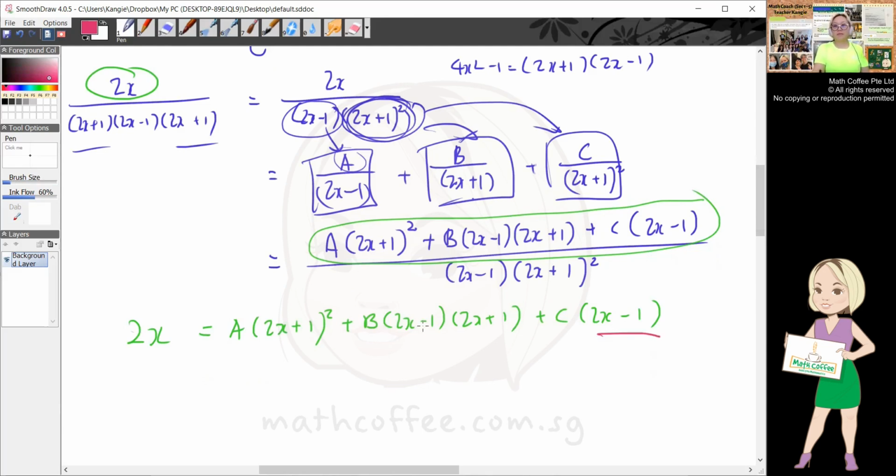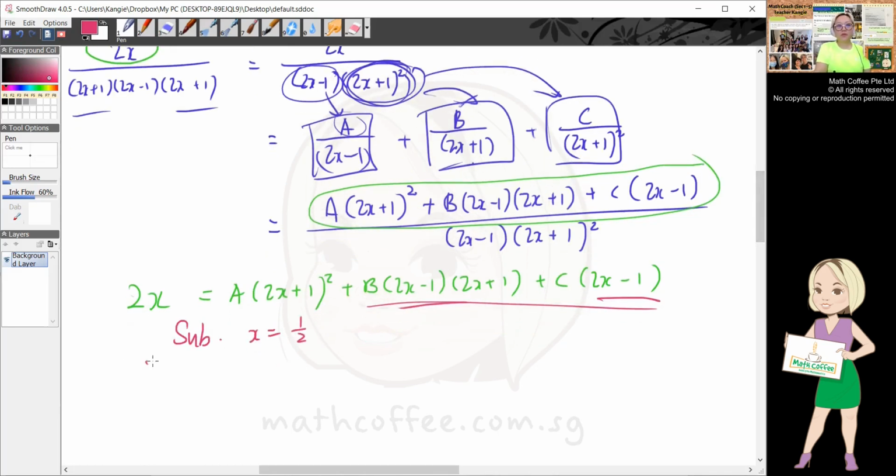So let's see. Look at this one. If I sub in half, do you agree that this whole thing, everything disappears? I am only left with an a, right? So I will sub in x equals half. So I will have 2 times half equals a(2 times half plus 1)^2. This one is 0 already, this one 0, I don't have to write already.